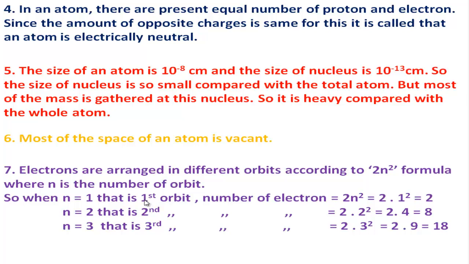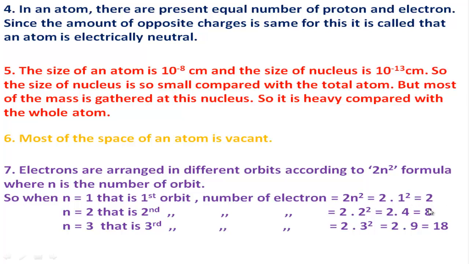From the nucleus, the first circular path is the first orbit. So when the value of n is 1, then the number of electrons will be what? According to the 2n square formula, if we put the value of 1 instead of n, then we will get 2. So the first orbit can contain a maximum of 2 electrons.